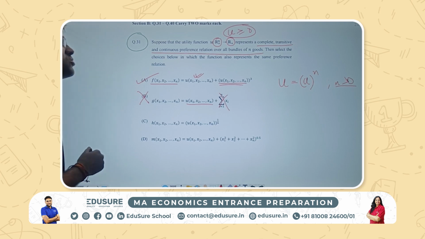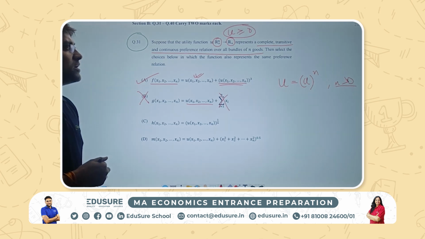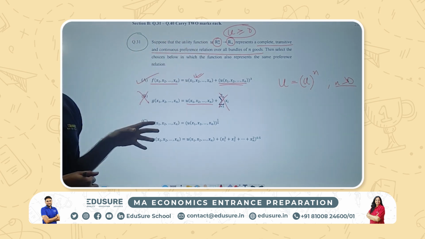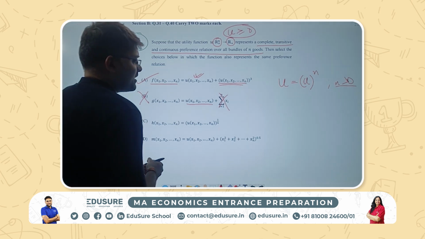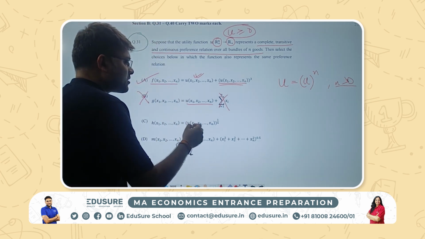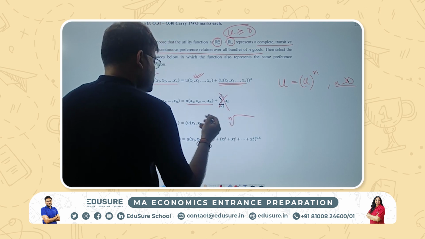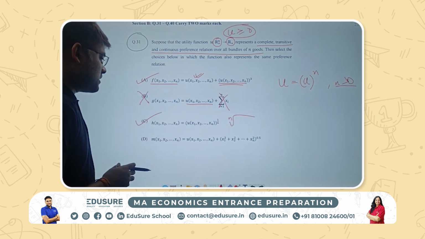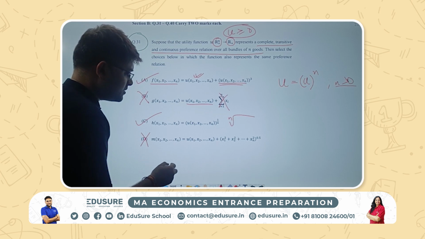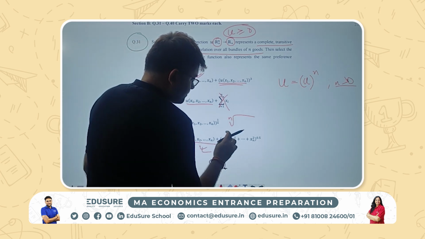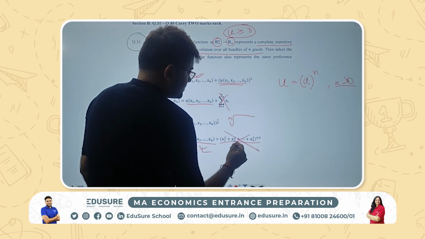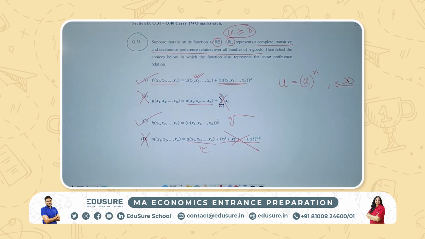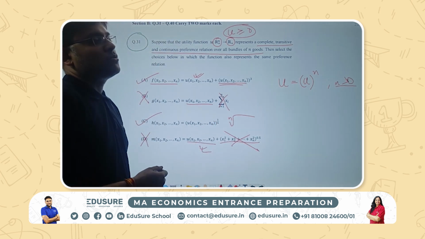Now, n is obviously a positive quantity, it's the overall bundle of n goods, so to the power of 1 by n, it's something like under root n. This is a monotonic transformation. This is correct. This is not a monotonic transformation. This is a monotonic transformation, but this is again not a monotonic transformation. How can you take square and then to the power of 0.5? This is again not a monotonic transformation.